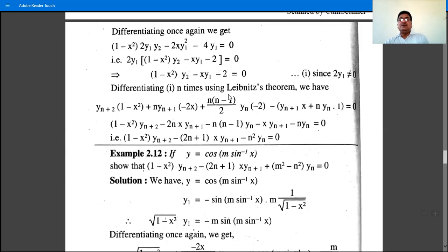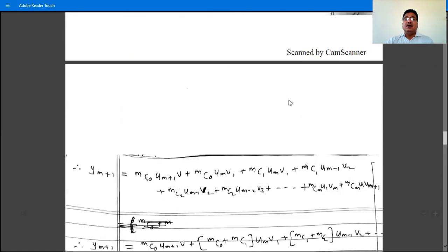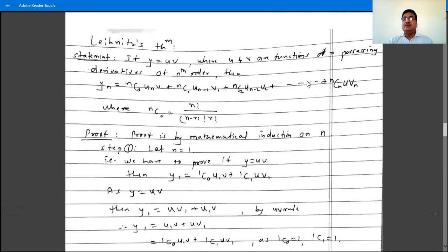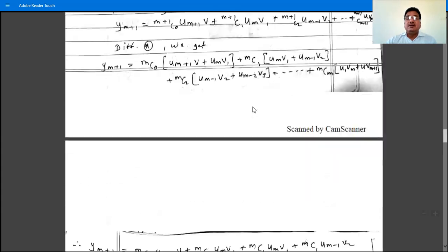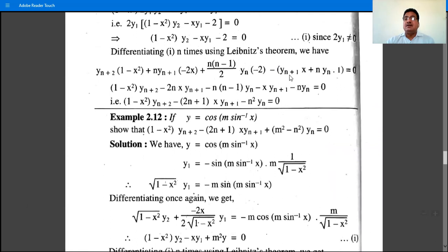Then the next term is nC2 u_{n-2} v2, and v2 means the second order derivative of x. Its first order derivative is 1, and the second order derivative of x is 0. So v2 is 0, and all the remaining terms are 0 now: v3 is 0, v4 is 0, and so on. So these two terms in this bracket are the nth order derivative of x y1.